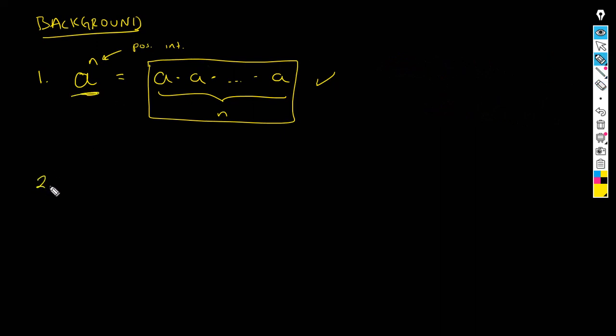The next thing we did was understanding what a to the minus n means. And by minus n, I mean a negative integer. And all that this meant was this. We gave this definition. A to the minus n was going to be equal to 1 over a to the n.